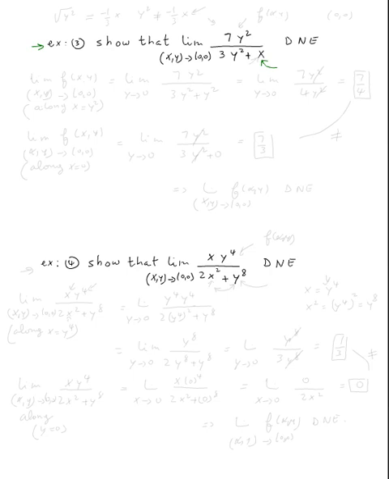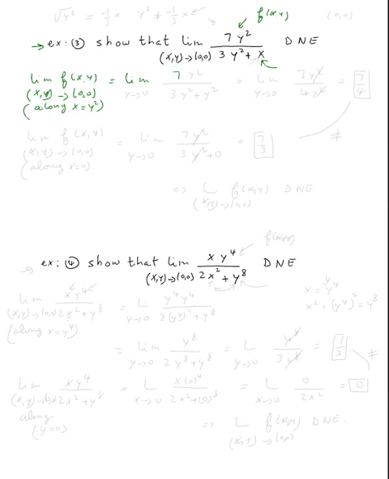So again, this is my f of xy. So limit of f of xy as xy approach 0, 0 is equal limit. So what do we do? Along x equal, now you want x to be equal y squared.